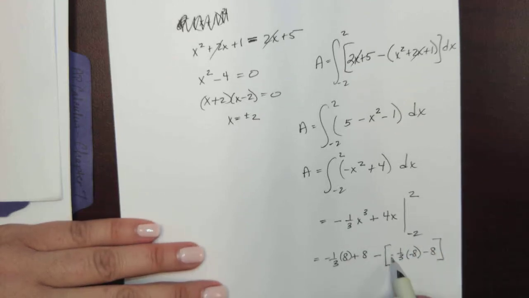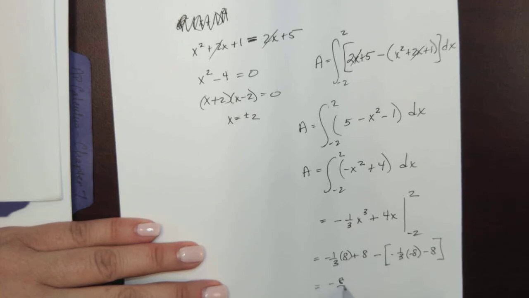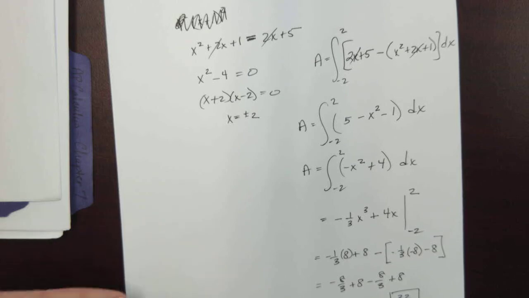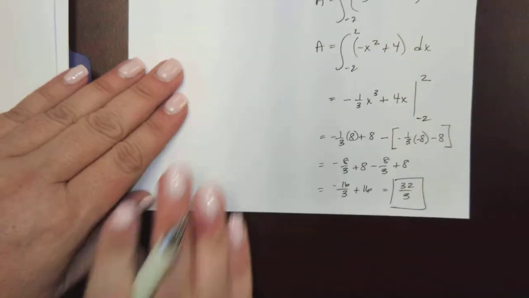Okay, this becomes -8/3 plus 8 minus 8/3 plus 8, or -16/3 plus 16, which comes out to be 32/3.